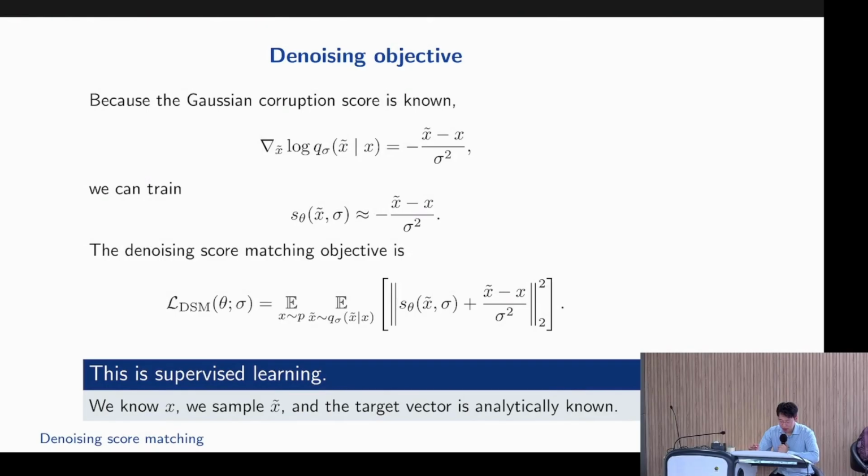Okay, so under Gaussian corruption, the conditional score is known. We have just computed it here. And we can now train a neural network to estimate this.